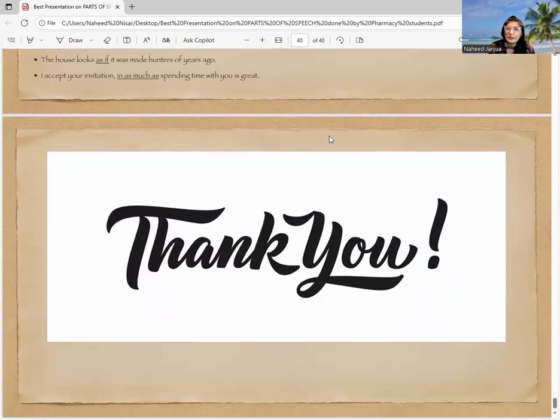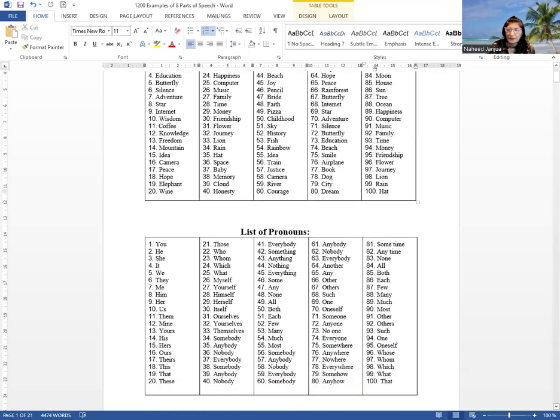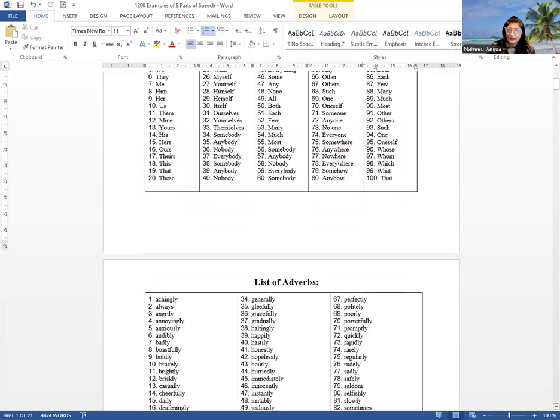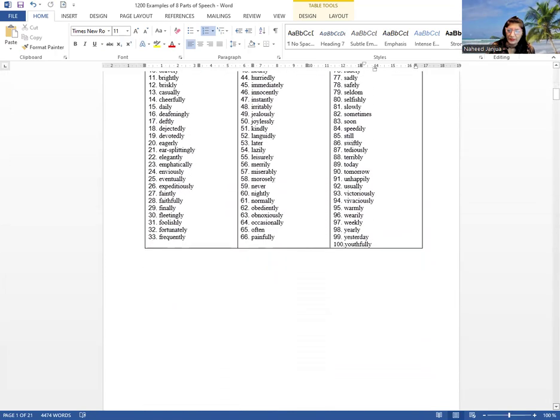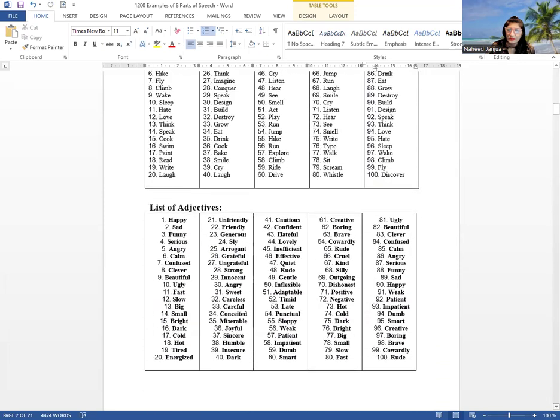Now, let me see another student's work, in which they have given the examples of different parts of speech in the form of tables. You can see there is a list of nouns, and altogether there are 100 examples of nouns. In the same way, 100 pronouns, then a list of 100 adverbs, then a list of 100 verbs, and a list of 100 adjectives.